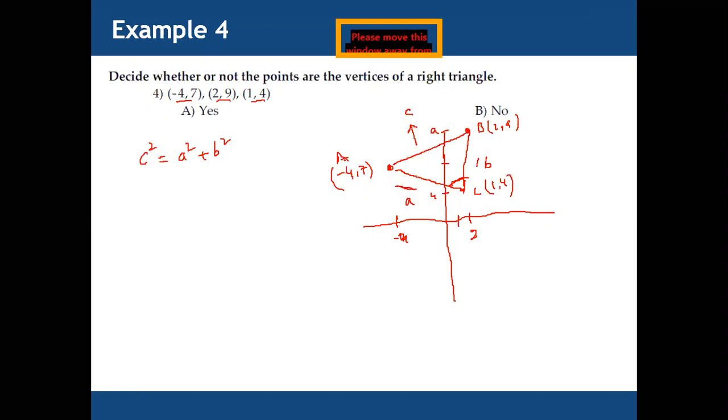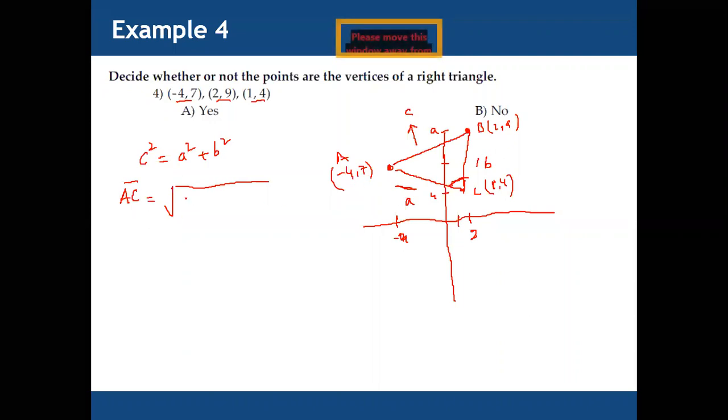Let's see how to find A side. For A side, we have A and C distance. So for A and C, we use the distance formula. 1 and 4, let's suppose these are x2, y2, and A minus 4, 7, these are x1, y1.